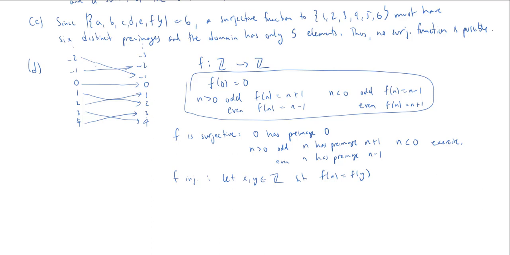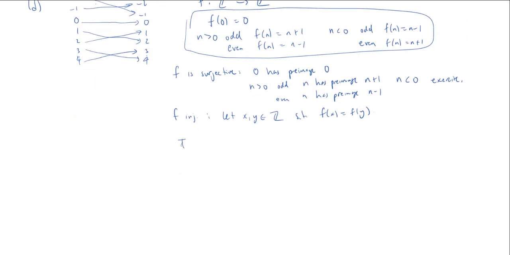Okay. Well, if x and y are integers, then they're 0, or they're positive, or they're negative. They could be odd, they could be even, right? So there's lots of little things to check here. All right. Well, we'll be systematic about it. So I guess maybe first f of x and f of y equal 0. Okay. So if f of x equals f of y equals 0, well, we know that 0 has only one preimage, right?